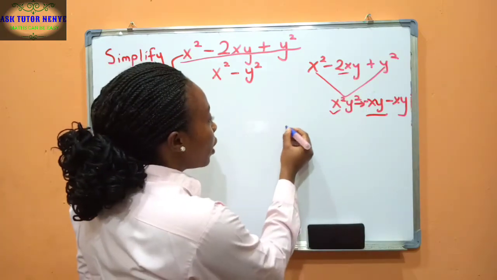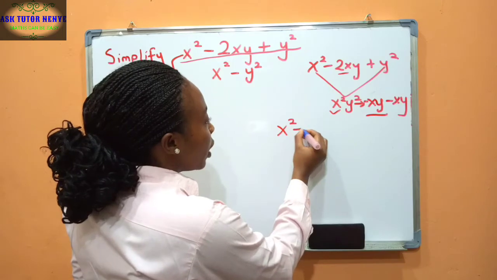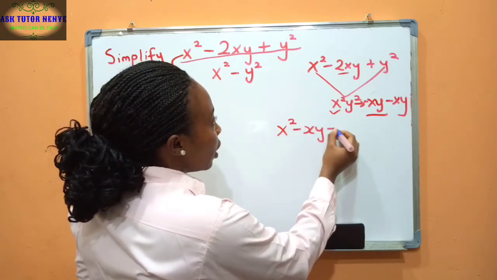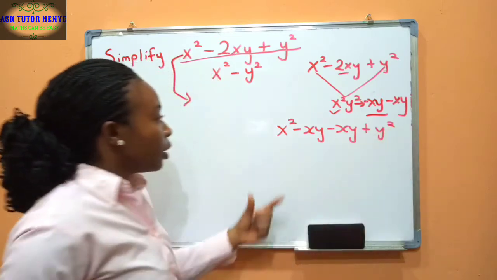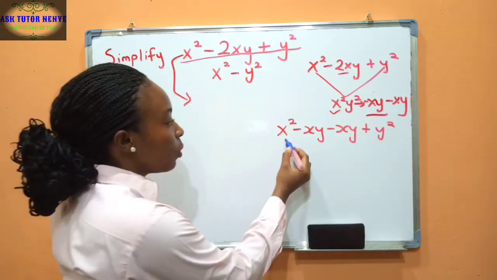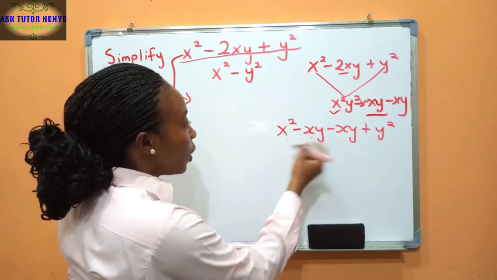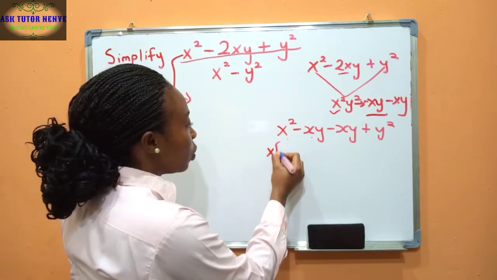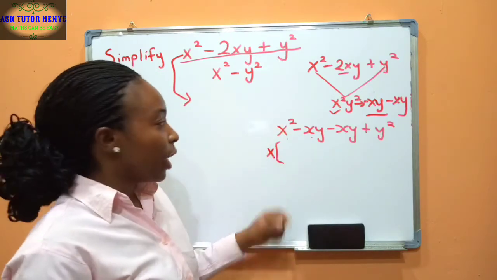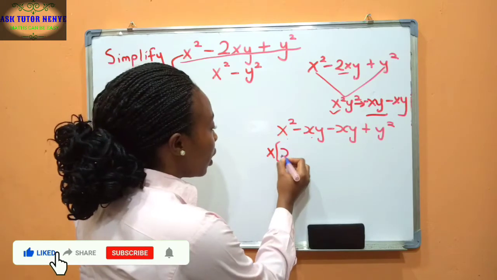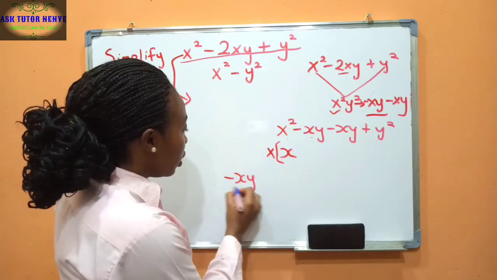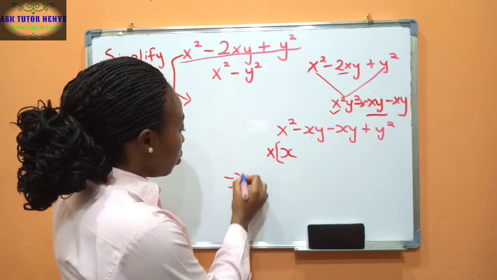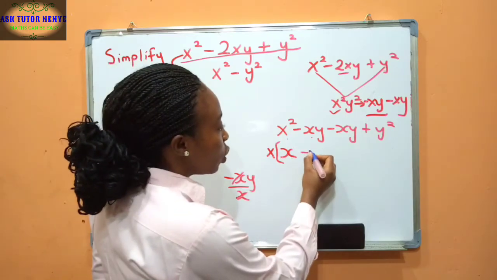So we're going to have x squared minus xy minus xy plus y squared. Now that we have this, let's find the common factor here. Our common factor here is x. So if we say x squared divided by x, we are going to be left with x. And then when we say minus xy divided by x, we are going to be left with minus y.